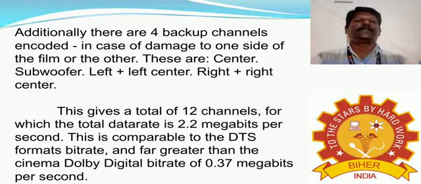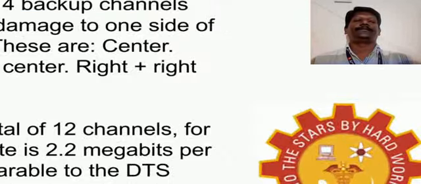This gives a total of 12 channels, for which the total data rate is 2.2 megabits per second. This is comparable to the DTS format bitrate, and far greater than the Cinema Dolby Digital bitrate of 0.37 megabits per second.